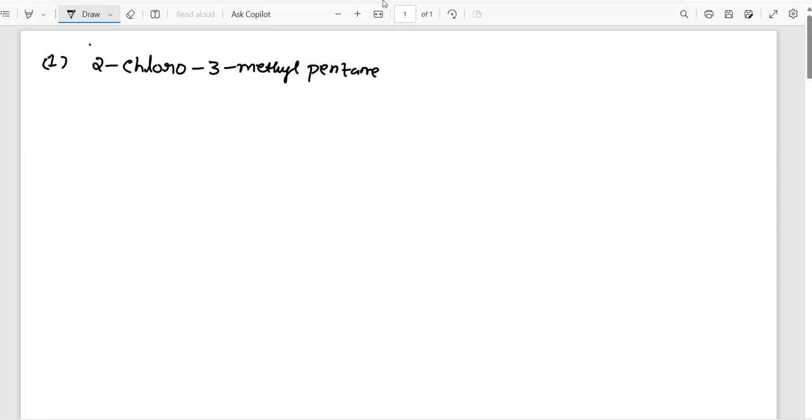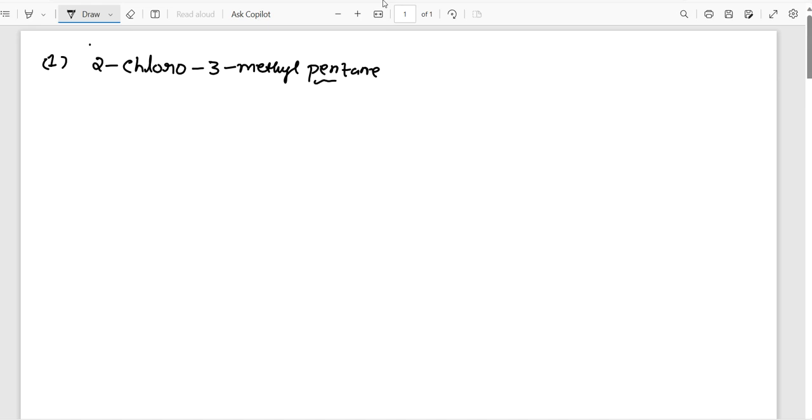Now let us take the whiteboard to explain this concept. The first one is 2-chloro-3-methyl pentane. This type of question we can solve by starting from the root word, that is, how many carbons.